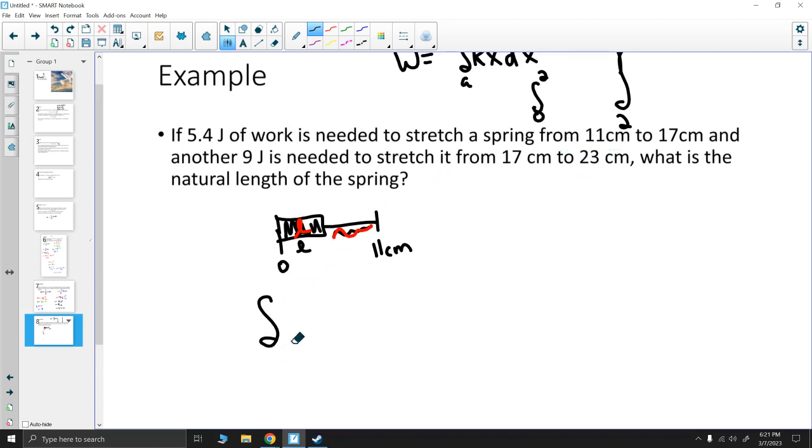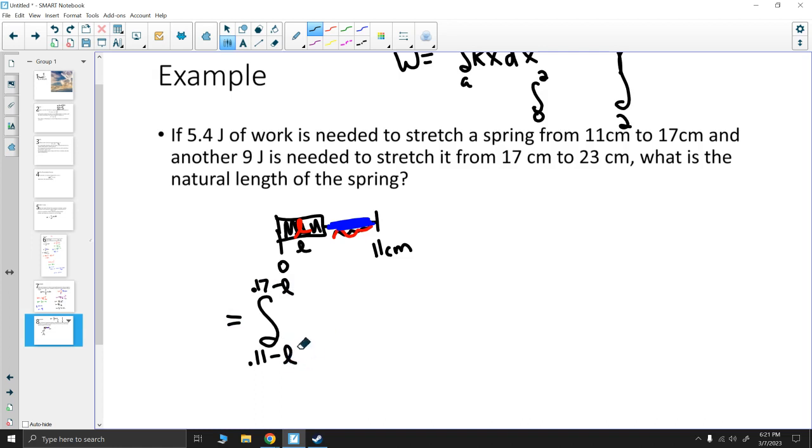But how do we find this region if we know that this is the length of our spring and this is the overall length of the spring when we stretch it? Well, that's going to be 11 minus L, but more specifically 0.11 minus L. That will then give us this region right here, the stretch. By that same logic, we're going to go with 0.17 minus L.